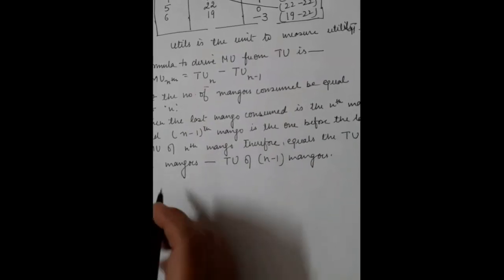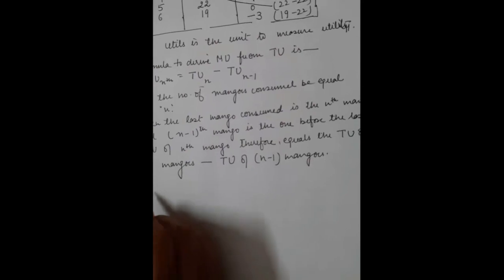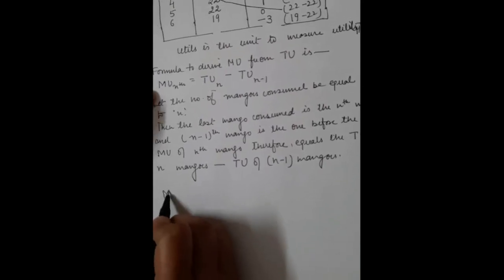Alright. Let us put the values into this formula. This formula is this MU. Alright. MU of nth mango.